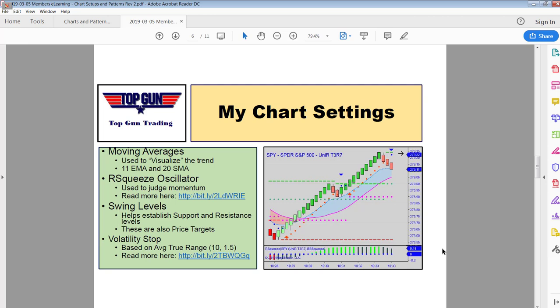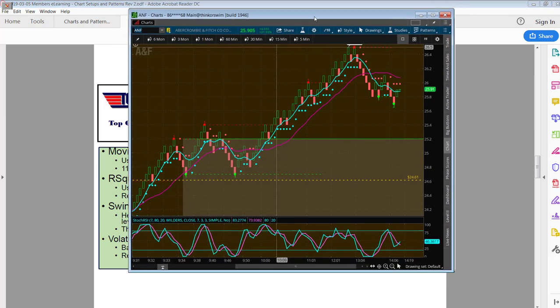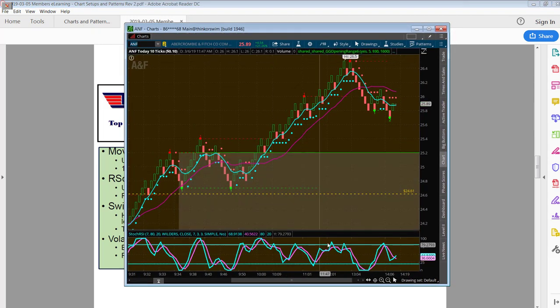Stochastics RSI. I love the Stochastics RSI on Thinkorswim. I used to use Stochastics RSI in NinjaTrader until I went over to NinjaTrader 8. NinjaTrader 8 has it built into their system, and they broke it. They didn't have it before. They implemented it, in my opinion, incorrectly.